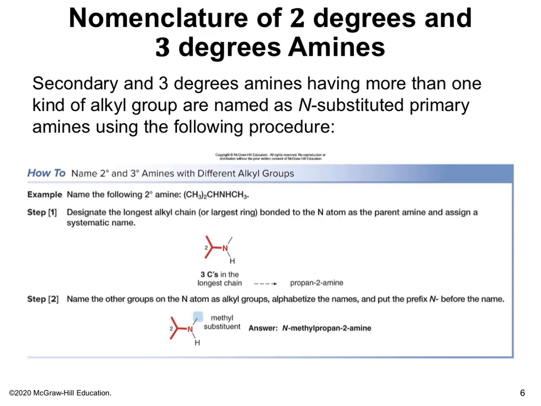So I'm not going to ask you to name amines, but we'll briefly mention that the IUPAC nomenclature is you find the longest chain. And so here you have 1, 2, 3, right? So that's propane.